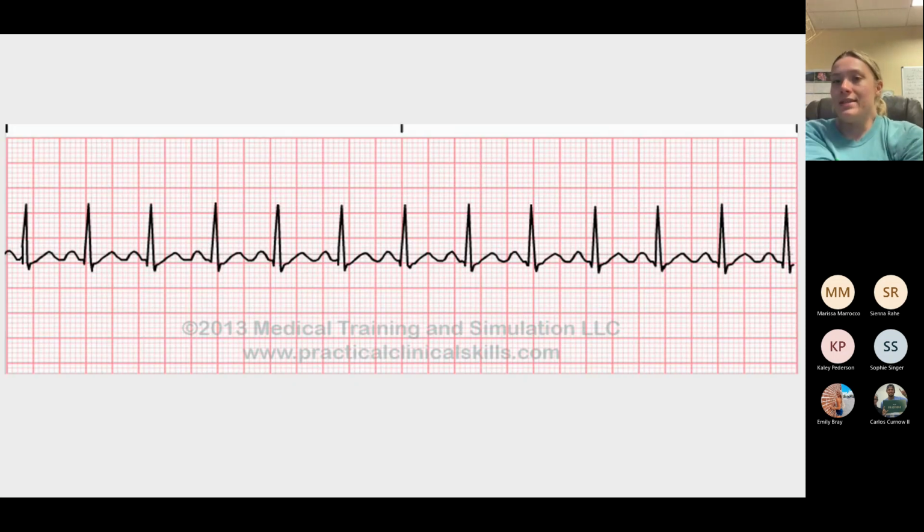So, what do you guys think is happening with this rhythm? Yes, this rhythm is sinus tachycardia. When I did a review in person with the Tampa group, I got a lot of questions on this rhythm.